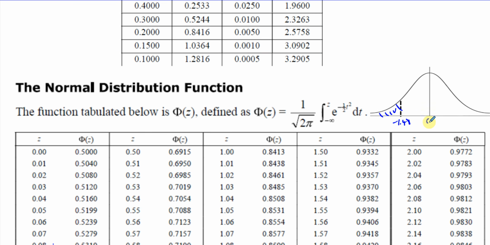But what we can do is use the fact that this is symmetrical. So I can take the same distance, the same line, on this side, and I can just draw it on the other side.